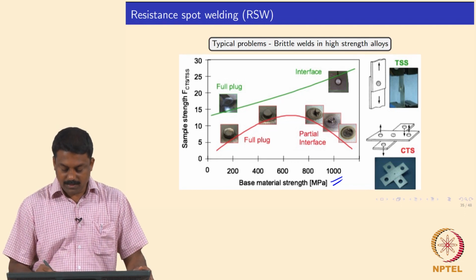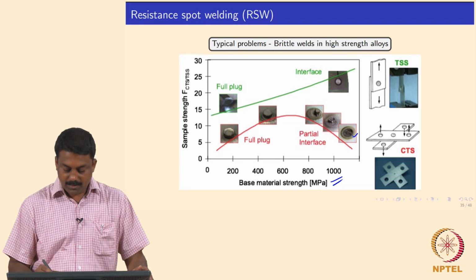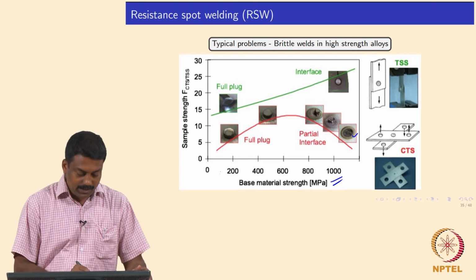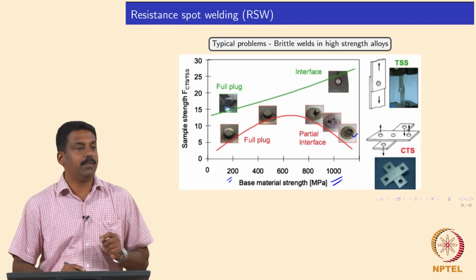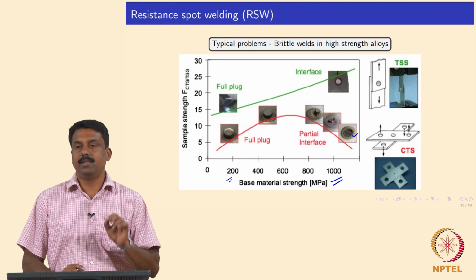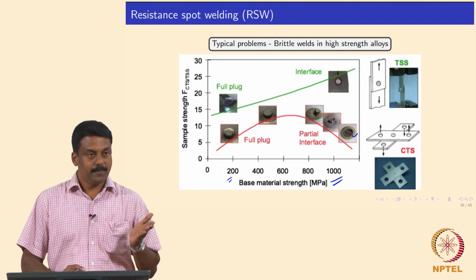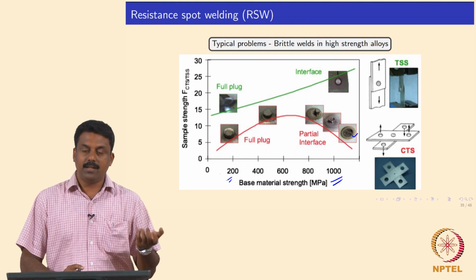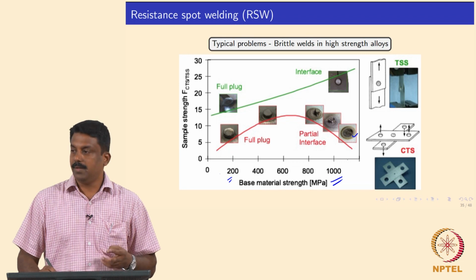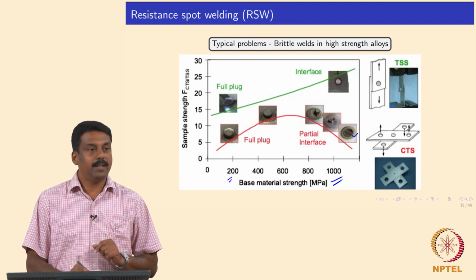So, interface failure means there is no plug at all. You see this in this case, the complete interface failure, whereas material with low strength you do not have much amount of alloying elements, as for example iron with 0.01% carbon, pure iron. So, the segregation is not that severe compared to the high strength alloys, which have a lot of alloying elements, phosphorus and carbon, and you see this plug is intact.